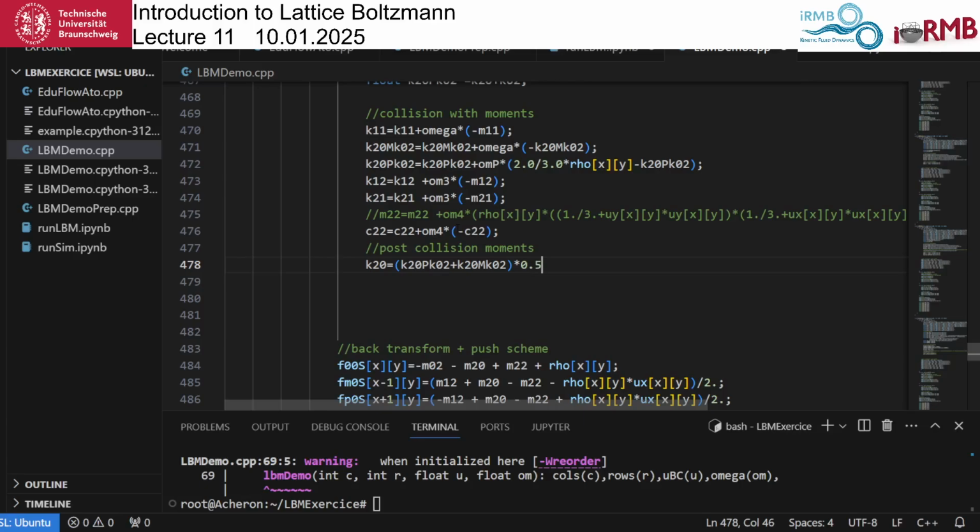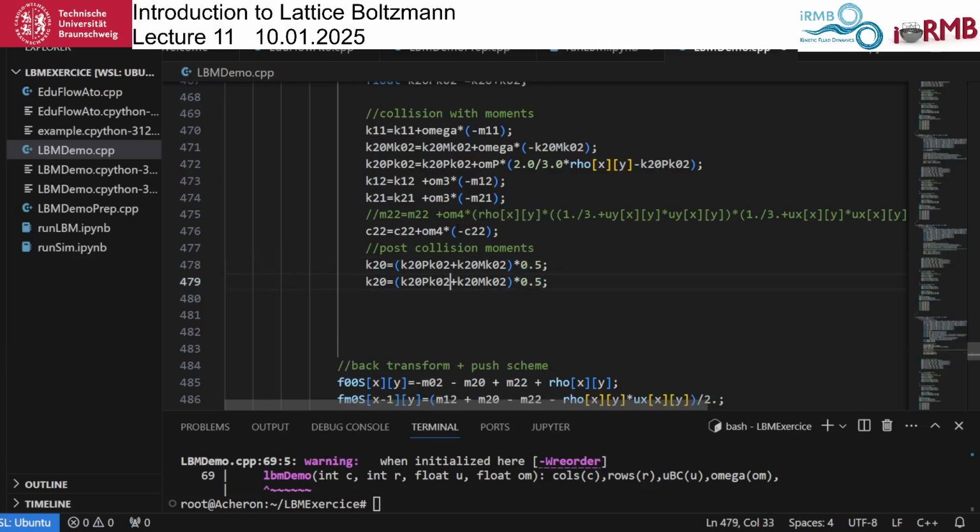This is just the transform back for this, and the other guy is the same thing, just with the minus here.